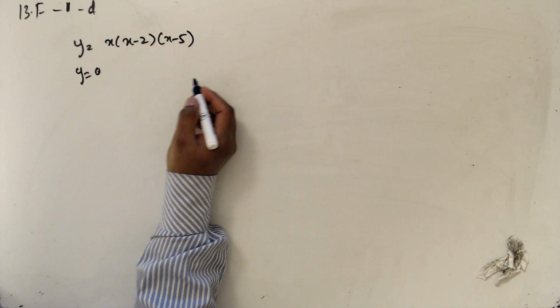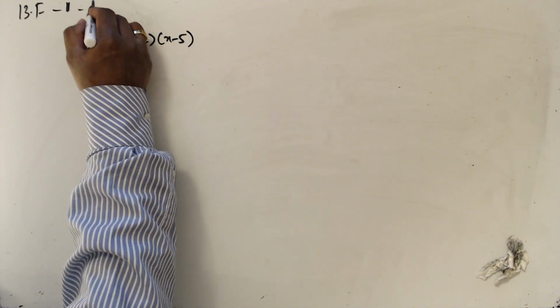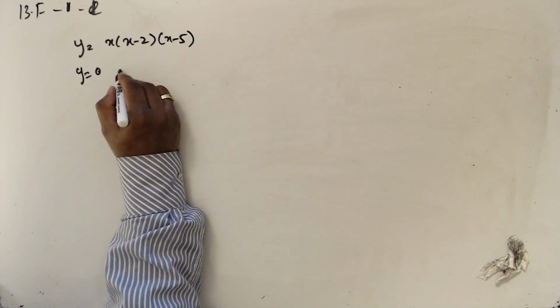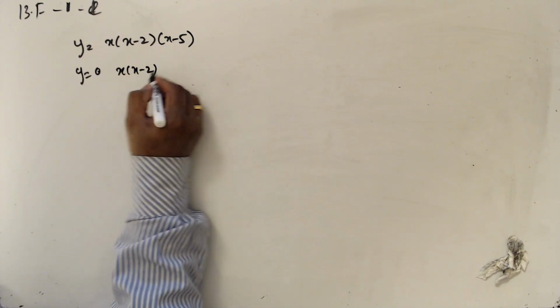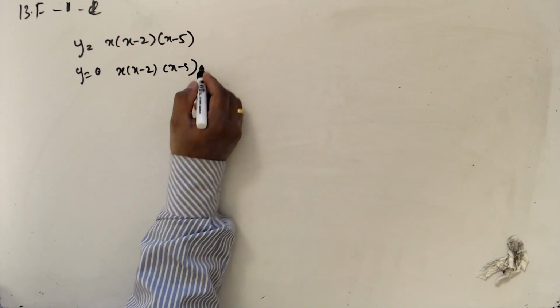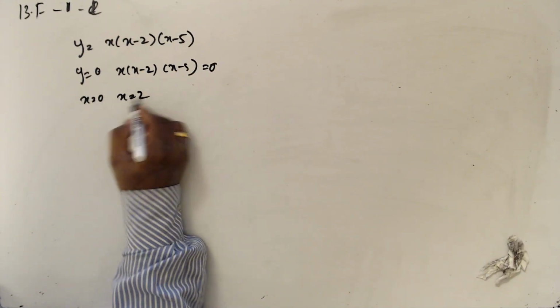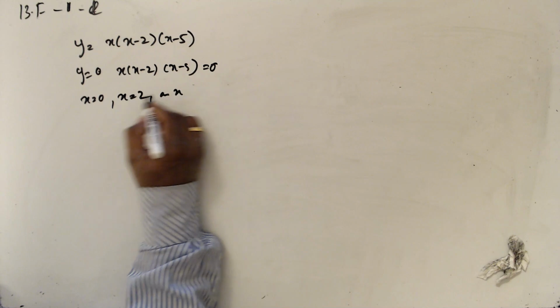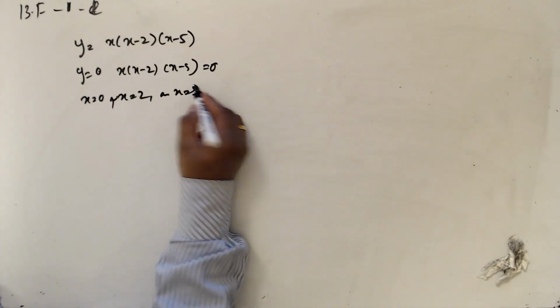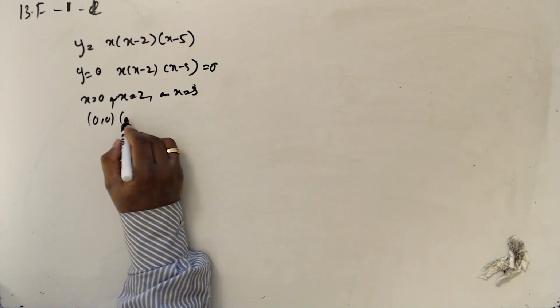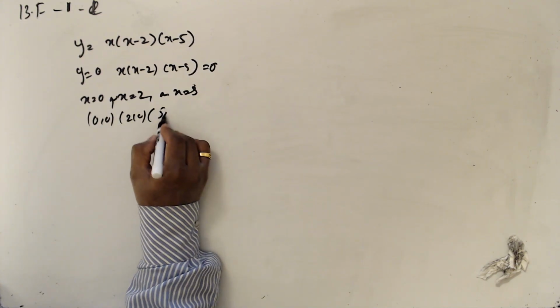Y equals 0, part E, then x times x minus 2, x minus 5 equals 0, x equals 0, x equals 2, or x equals 5. So the points are 0, 0, 2, 0, and 5, 0.